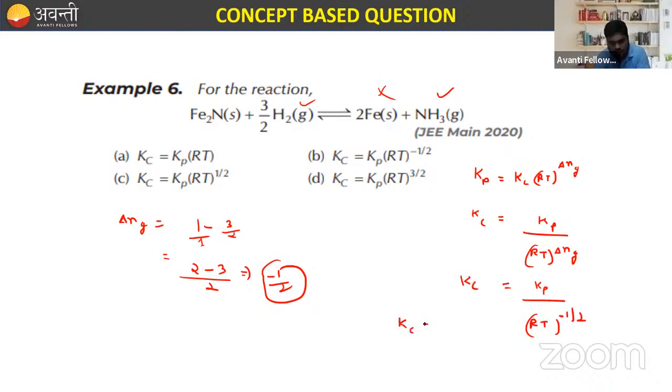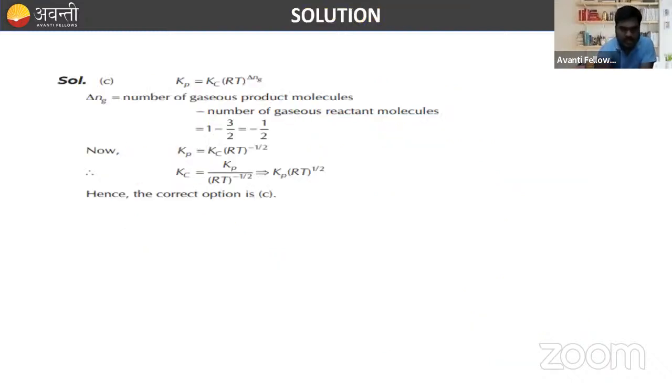Or we can say that Kc is equal to Kp into (RT) raised to the power 1 by 2. So Kc is equal to Kp (RT) raised to the power 1 by 2. That is option C. Option C is absolutely correct. I hope you understand this question, how it comes. Good.